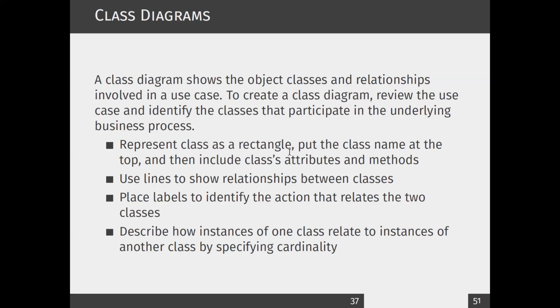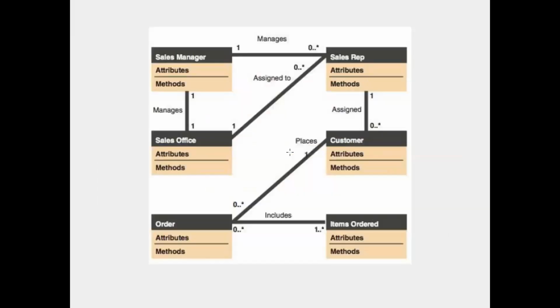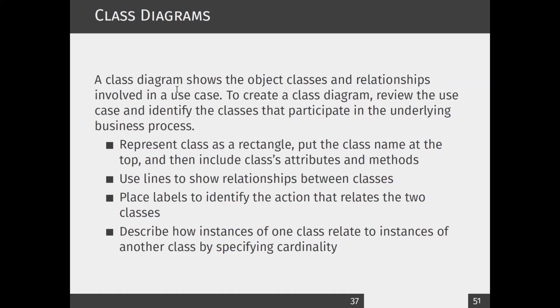Now, when you look at class diagrams, the representation usually uses a rectangle. At the top of the rectangle we have the name, then a list of attributes, and then a set of methods. That's how you usually represent a class.